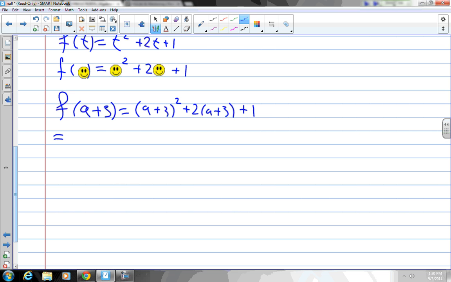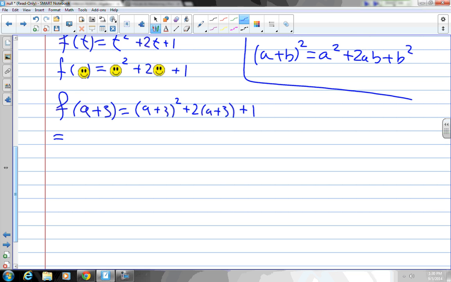You know, a plus 3 times a plus 3, FOIL this. Or some of you might know the formula, and I expect that you know the formula, especially since we proved this formula with drawing squares and rectangles the other day. Remember that? This formula will allow us to square a plus 3 fast. So it tells me to go a squared plus multiply these two things and then double it. That's what that 2 does. So 3 doubled becomes 6a plus 3 squared, which is 9.